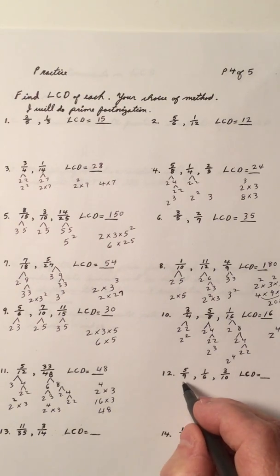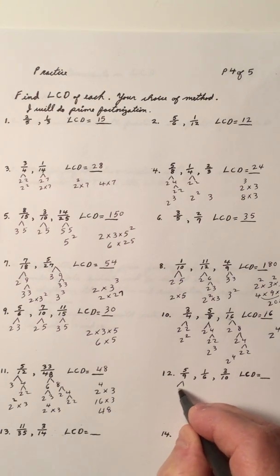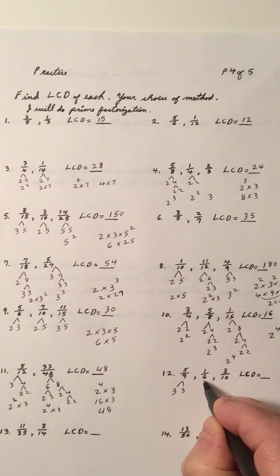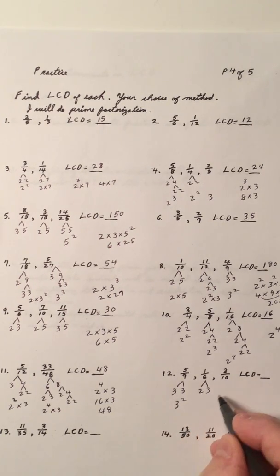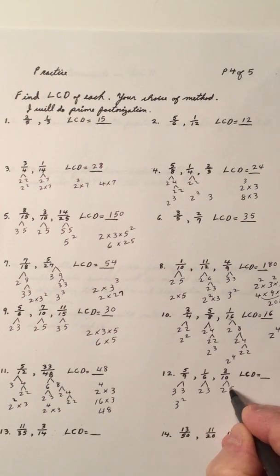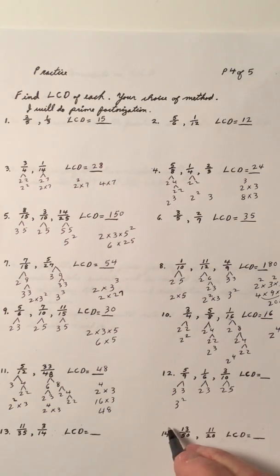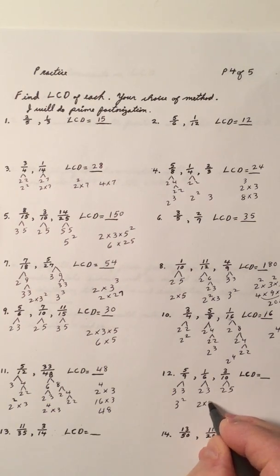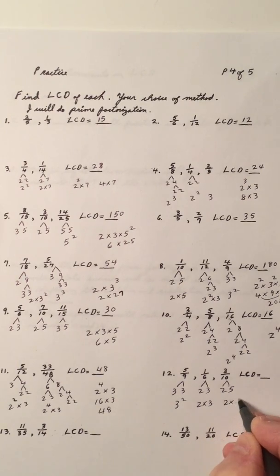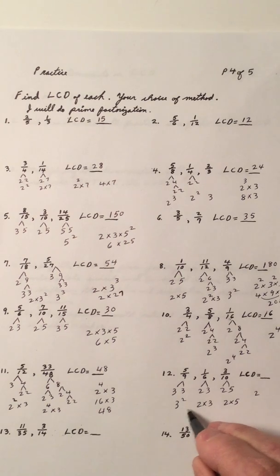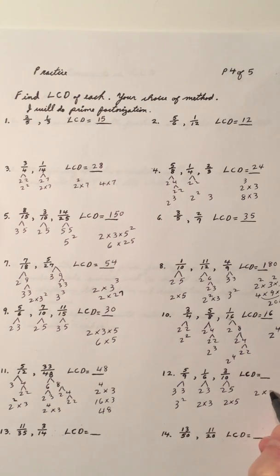9, 6, and 10. 9 is 3 times 3, which is 3 squared. 6 is 2 times 3. 10 is 2 times 5. No need to rewrite them, just to make sure. There they are. I have factors of 2, a 3, and a 5. 1 is my largest exponent.